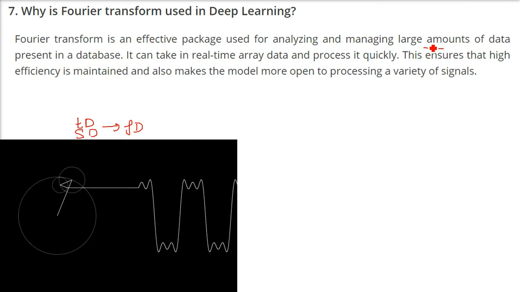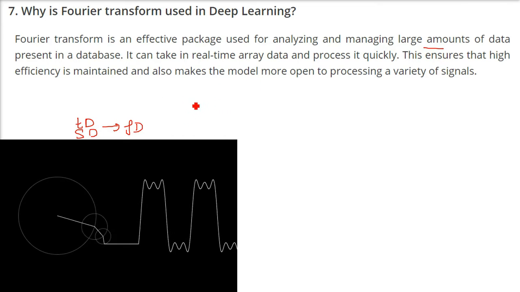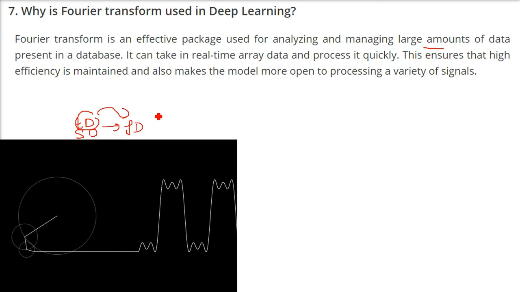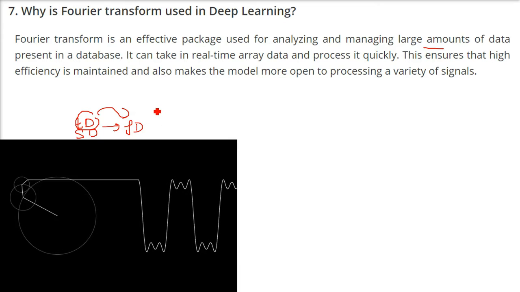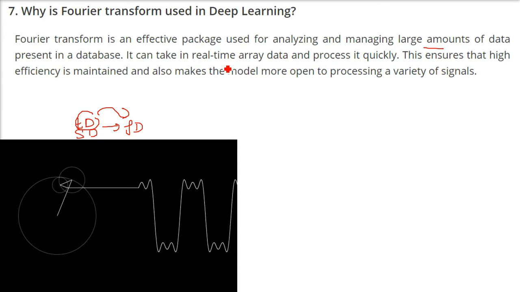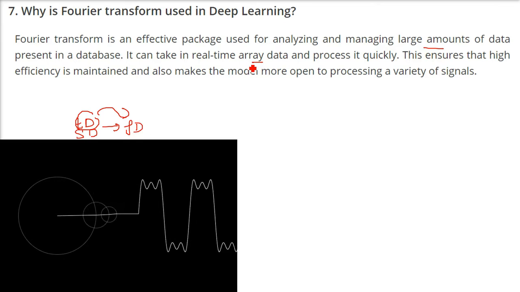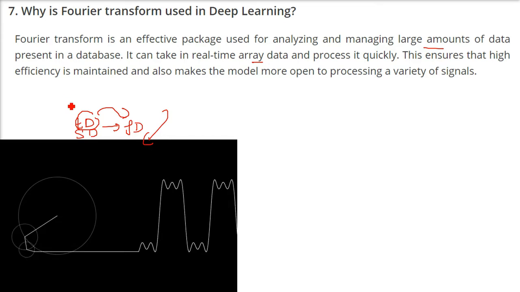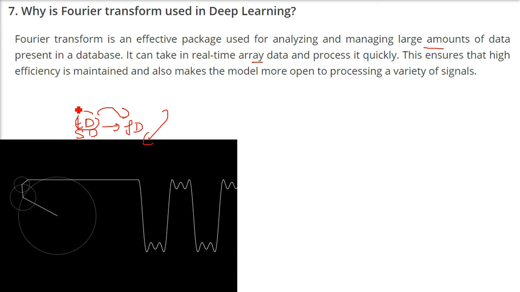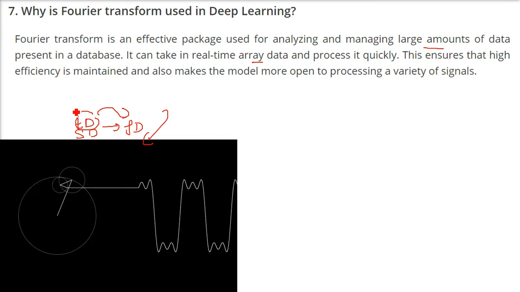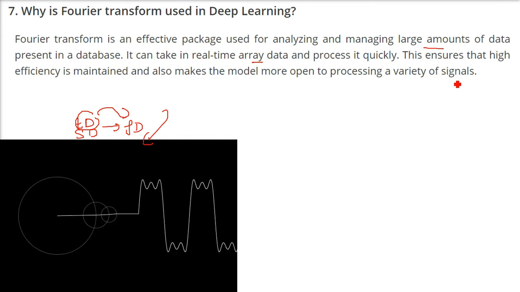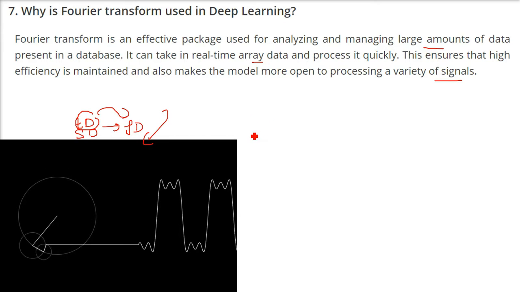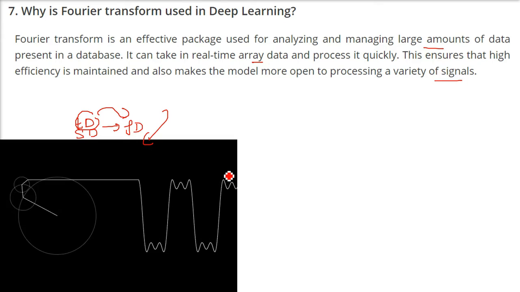It can take in real-time array data and process it quite quickly. So this ensures that high efficiency is maintained and also makes the model more open to the processing of a variety of signals. As I'm saying, if you apply FFT, the fast Fourier transform, it will be faster. So it gives you efficiency and is able to handle large amounts of data present in the database as well. That is why the Fourier transform is used in deep learning.